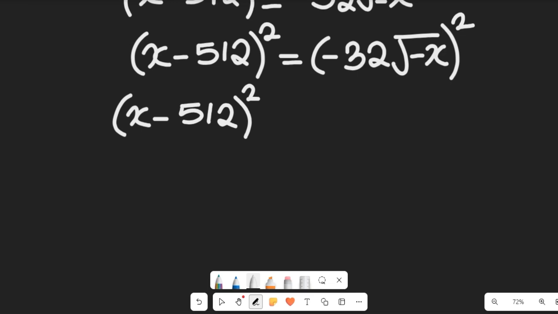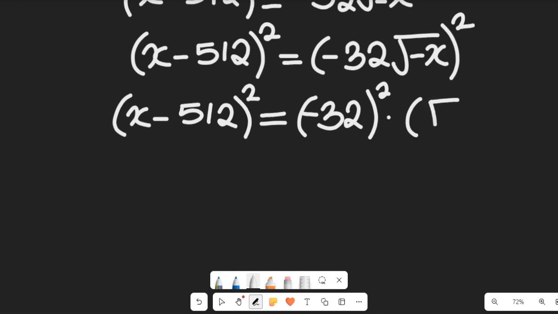You recall that previous algebraic expression, right? This will be equal to 32 all squared, multiplied by the square root of negative x all squared. So you can see that this square can easily cancel out the square root, and then we'll be left with negative x over here.